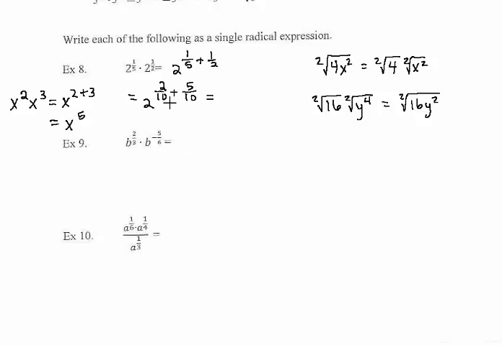Now that the denominators are the same, we can add the two exponents and get a 7/10. And we have a single exponential expression that we can translate into a single radical. We could write it as the 10th root of 2 to the 7th power.